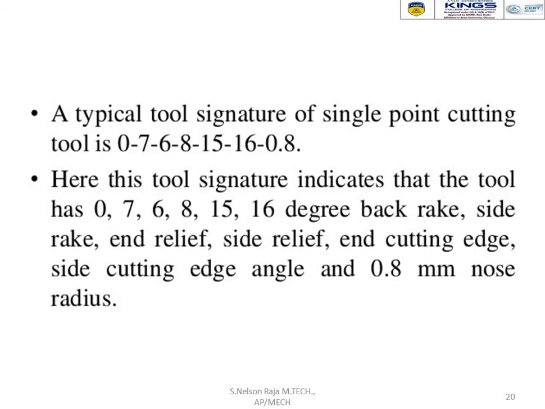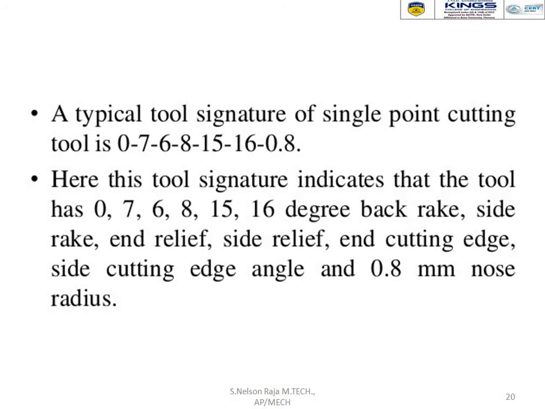A typical tool signature of a single point cutting tool is 0, 7, 6, 8, 15, 16, 0.8. So what is 0, what is 7, what is 6, what is 8, what is 15, what is 16, and what is 0.8?